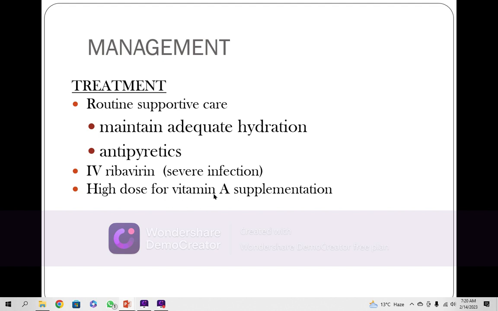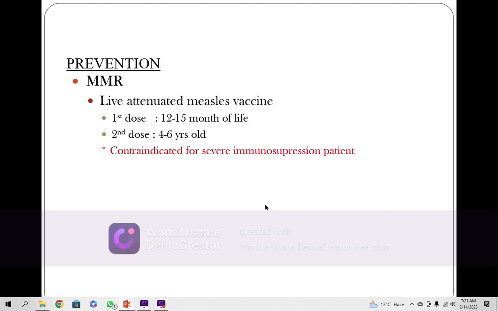This is a study which has proved, 10 or 20 years ago, that a high dose of vitamin A, if you give along with the measles vaccination, is very supportive to the measles vaccination as well. So vitamin A supplementation is beneficial.